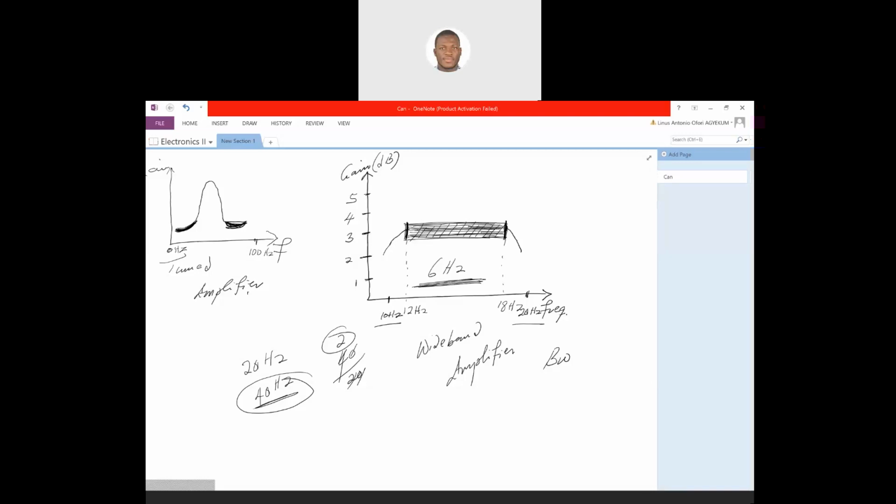Yes, sir. Once we understand the wideband amplifier, what we are saying for the tuned amplifier is that the gain starts from the lower frequencies, remains constant at the lower frequencies, goes up to a certain peak, and then falls again at higher frequencies.